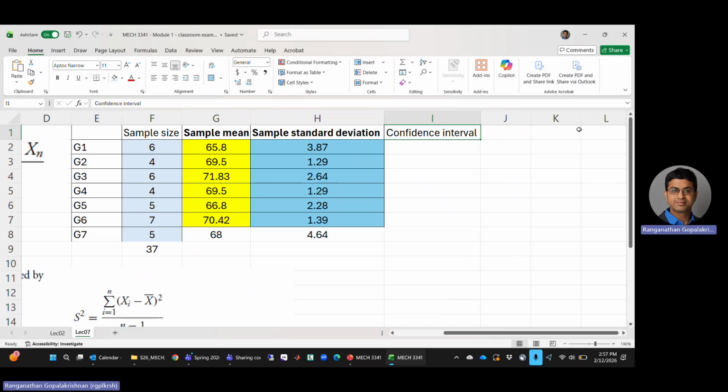The confidence interval also depends on standard deviation, to the extent that a large standard deviation affects how you should think about designing your sample. Should you collect more data? Let me back up. If your standard deviation is small versus large, should you plan for more data or less data?